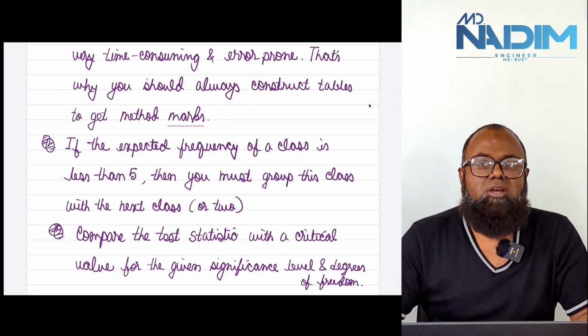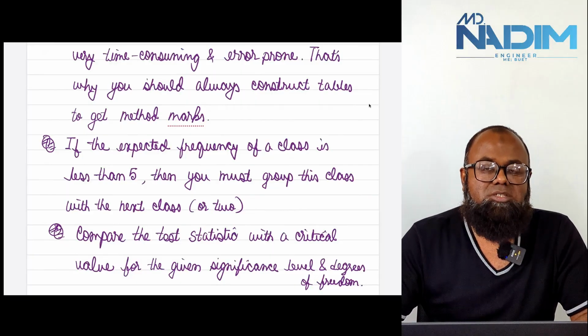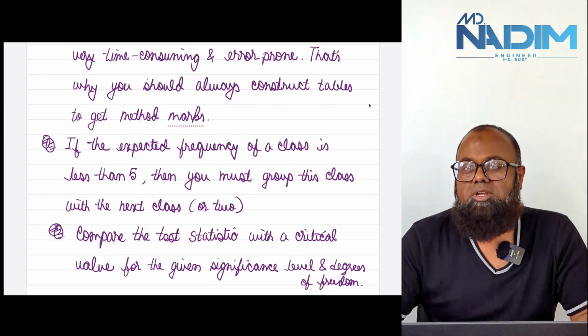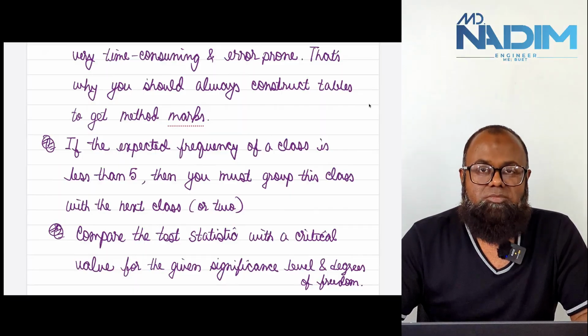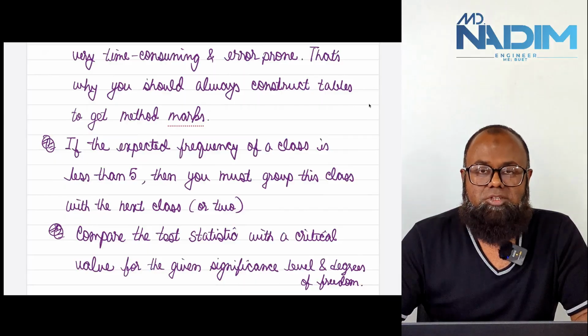That means whether we will accept the null hypothesis or not. That means whether the desired distribution will be a suitable fit for the test, or it is not fit for the distribution.